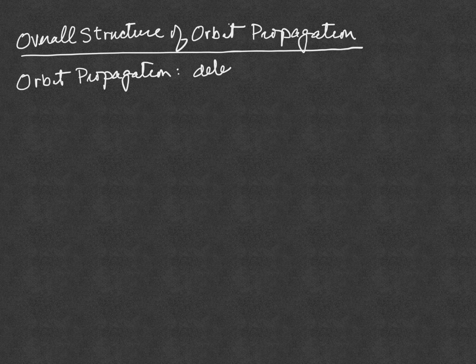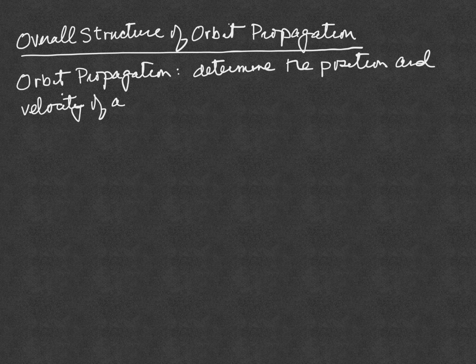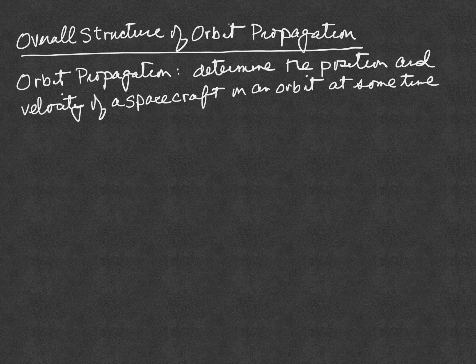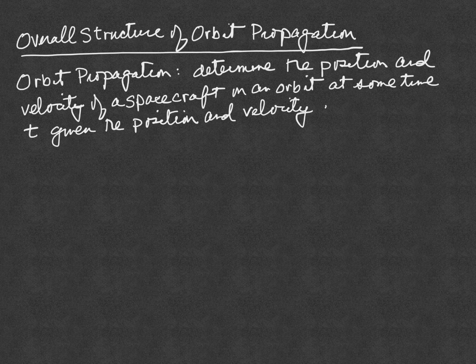Is to determine the position and velocity of a spacecraft on an orbit at some time t, and we'll just denote that as a general time t, given the position and velocity at some other time t0.